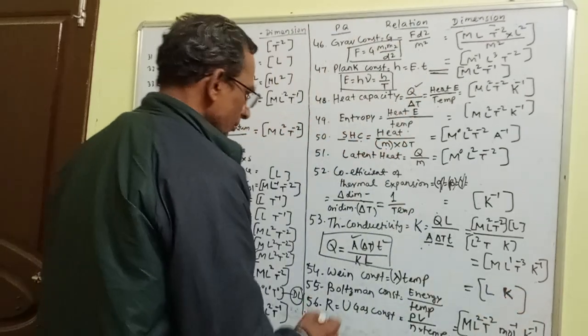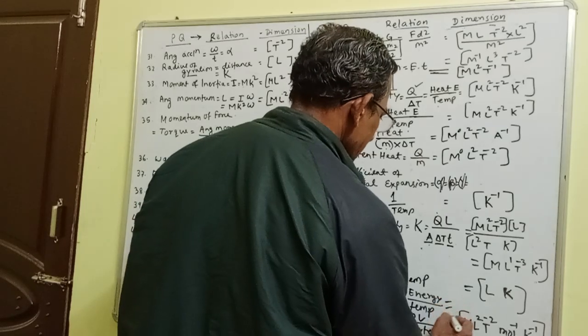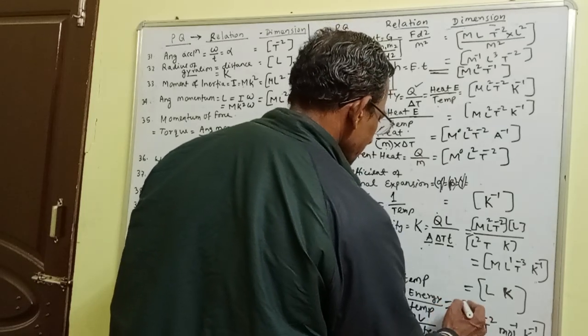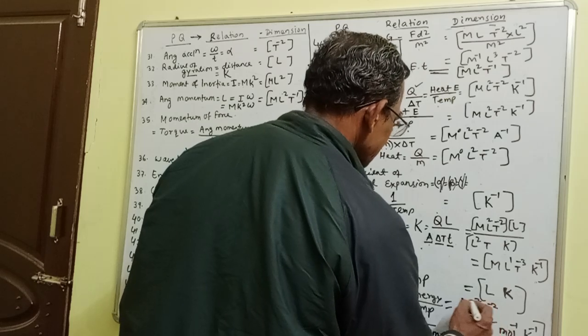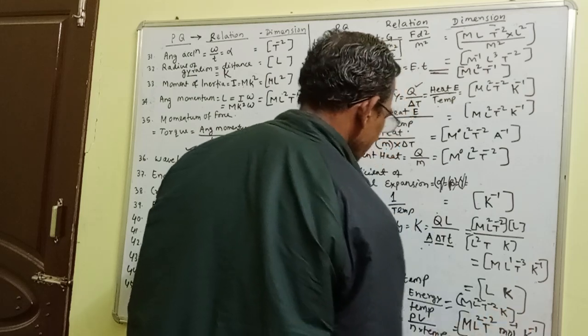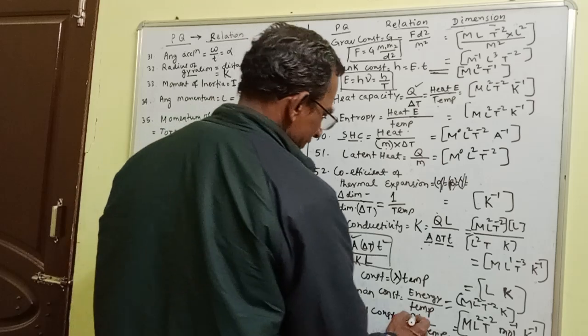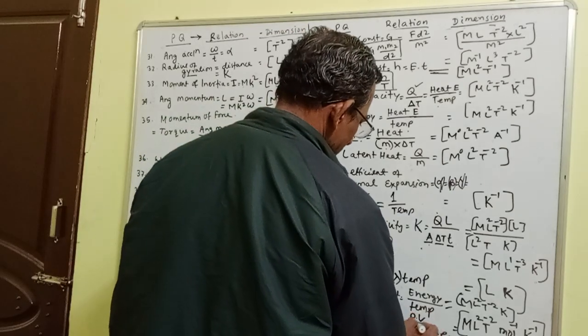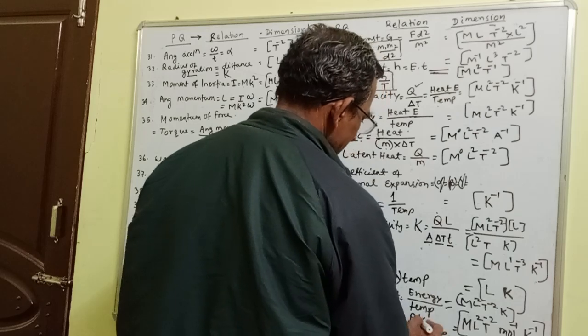Boltzmann constant is energy per temperature. The energy we know is force into distance, ML2T minus 2, divided by K. Then R, universal gas constant, is equal to pressure into volume by number of moles into temperature.